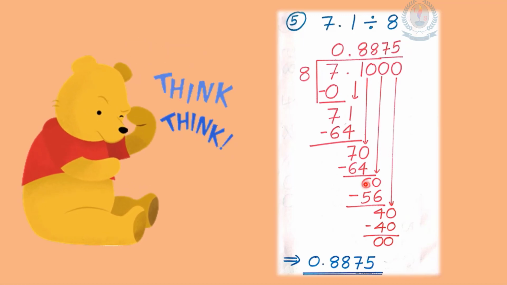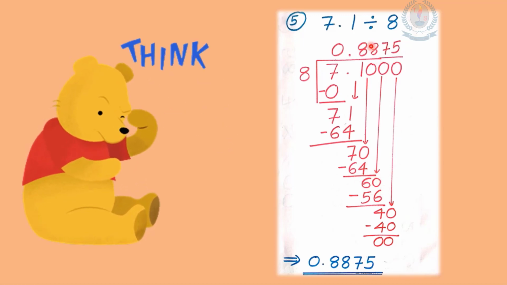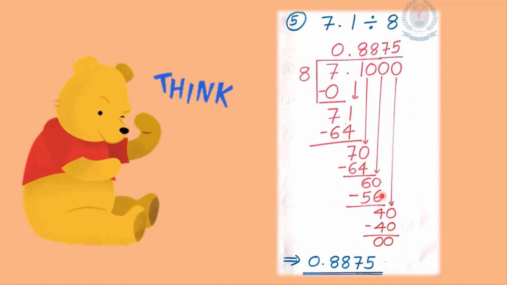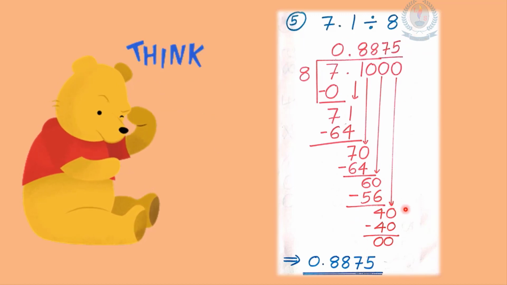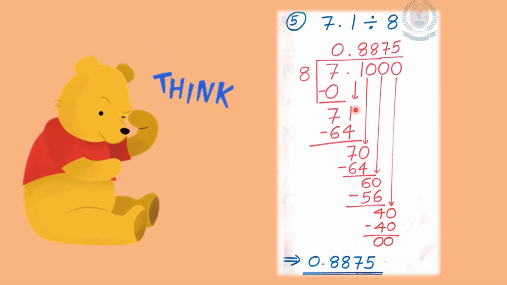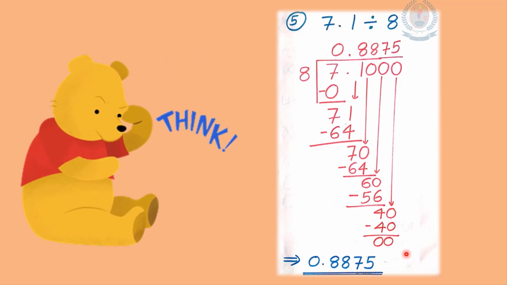For 70, 8 times 8 is 64, again 6 is remaining, so again you have to add another 0 and take it down, then 60. For 60, 8 times 7 is 56, then 4 is remaining, again you have to put the 0 and take it down, then 40. 8 times 5 equals 40, then the answer is 0.